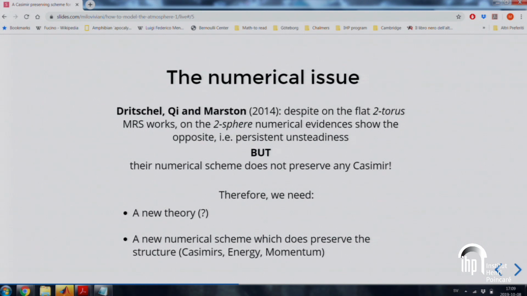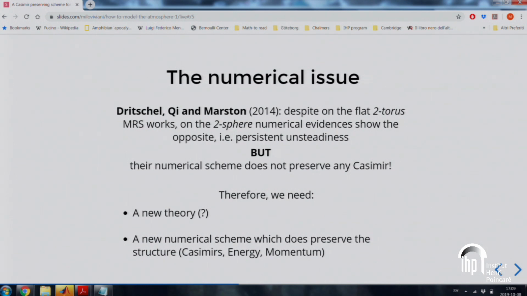So now there are two main questions that arise. Do we need a new theory to explain the unsteadiness of the statistical state of the 2D turbulence? Or do we need a new numerical scheme which does preserve the structure, so Casimirs, energy, and momentum, to directly compare the MRS theory with numerics?